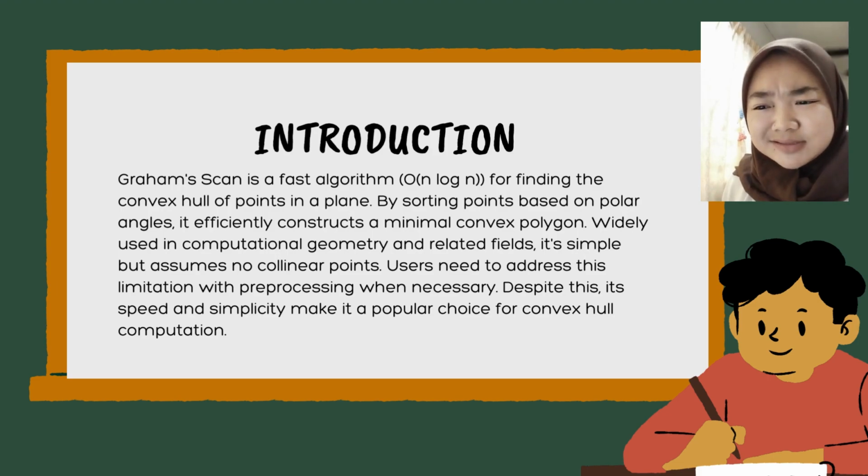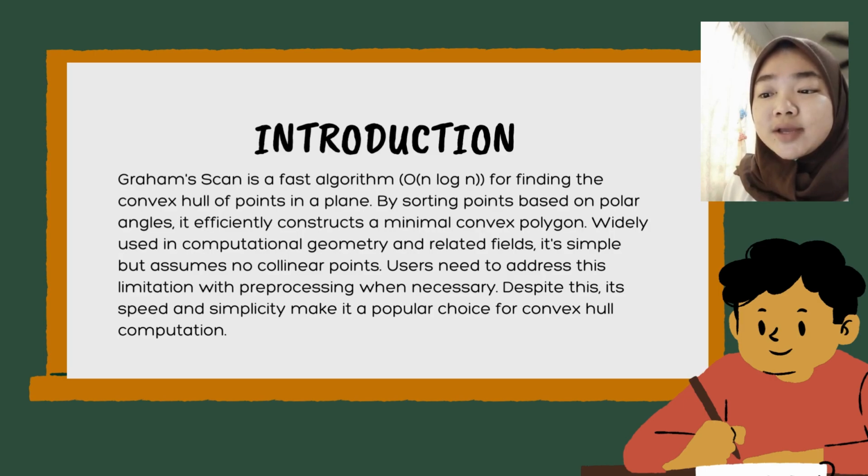It's simple but assumes no collinear points. Users need to address these limitations with pre-processing when necessary. Despite this, its speed and simplicity make it a popular choice for convex hull computations.